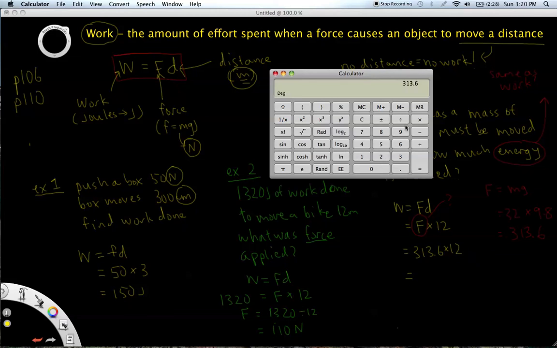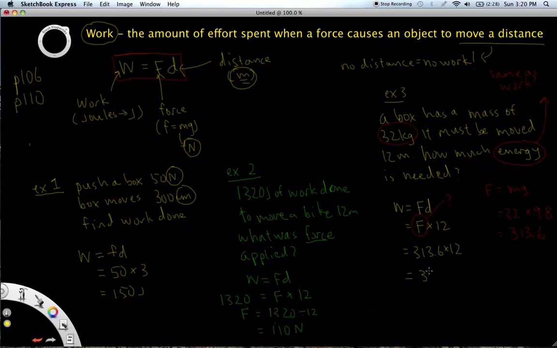Got 313.6 times 12, and I get 3763.2. And what is the units for work or for energy? It's measured in joules. And now I am done.